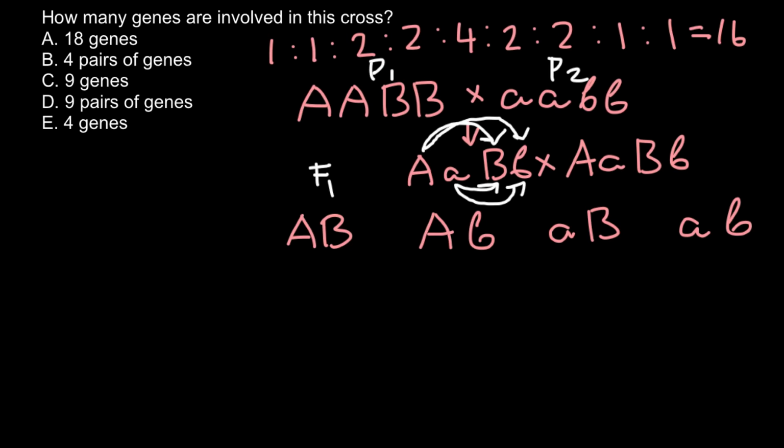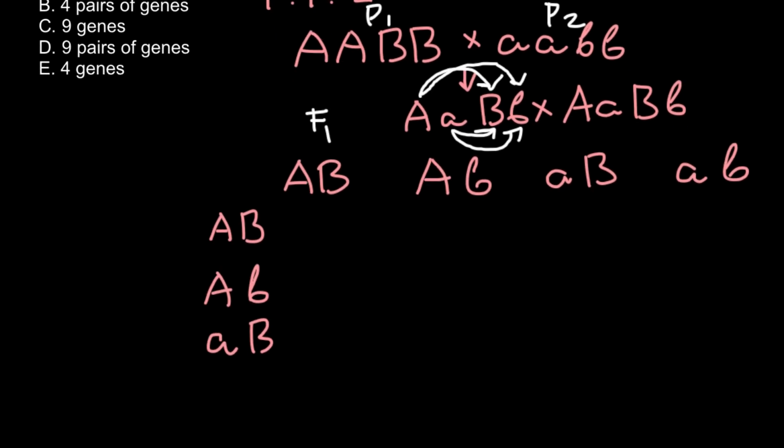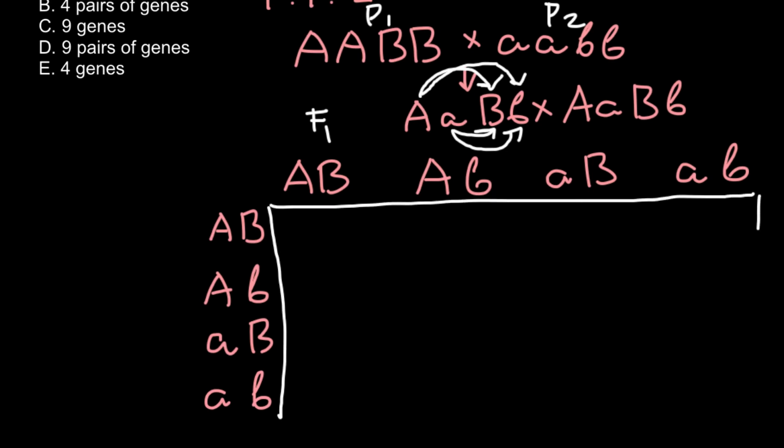So here on the side I'm going to put the same 4 variants of the gametes: capital A, capital B, capital A and small b, and small a and capital B, and the last variant would be small a and small b. Now we build a Punnett square. As you see, we are going to have 16 cells.